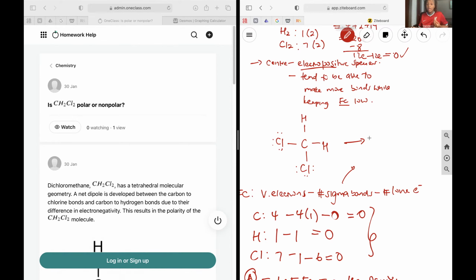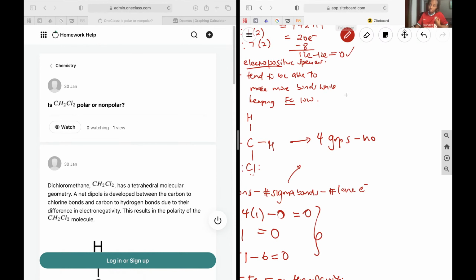So to do that, I first need to count the number of terminal groups on my central atom. I have 4, and none are lone pairs. So that notation is A for my central atom, X for the number of bonded groups, and I have 4 bonded groups.